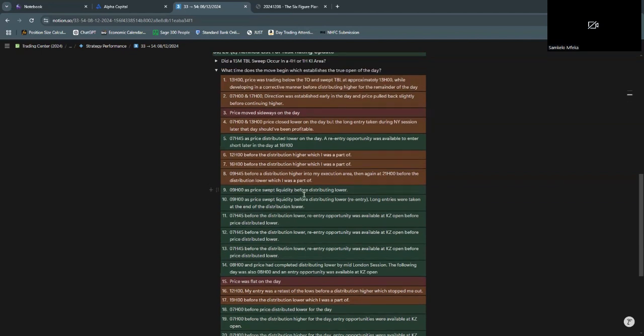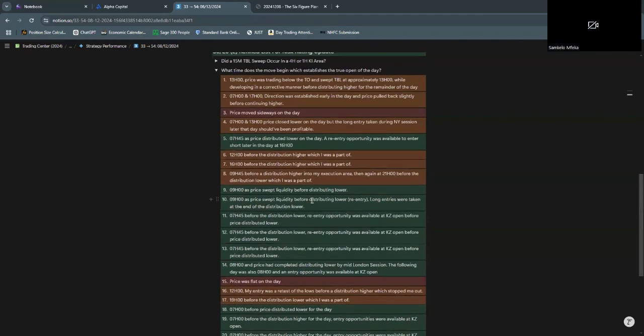The orange is distributions which were established late in the day, so we correct for most of the morning, and then a direction's established, or one direction was established early in the day, and then the opposite was established later on in the day. So we could have had two biases in the day, or two potential trade setups.